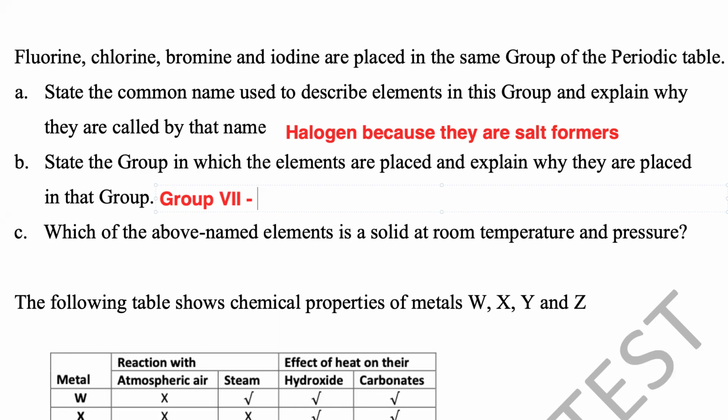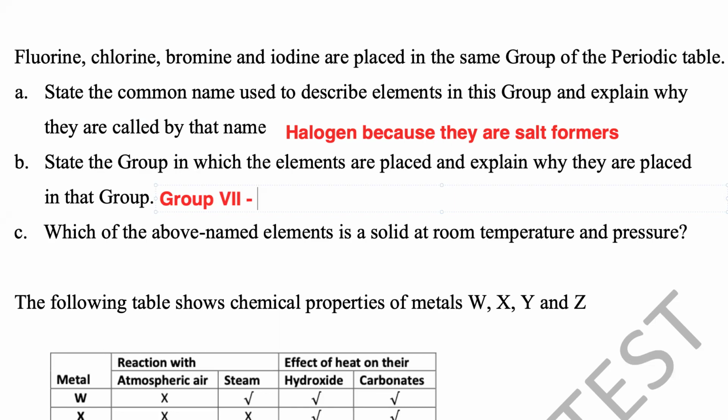Yeah, so you need to understand that when you're given an element, when you write electron configuration, there's a lot of information that you can get from that. The number of electrons in the outermost shell is what gives us the group, and the number of shells occupied by those electrons is what gives us the period.